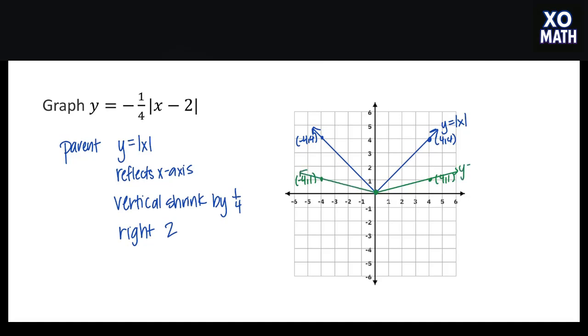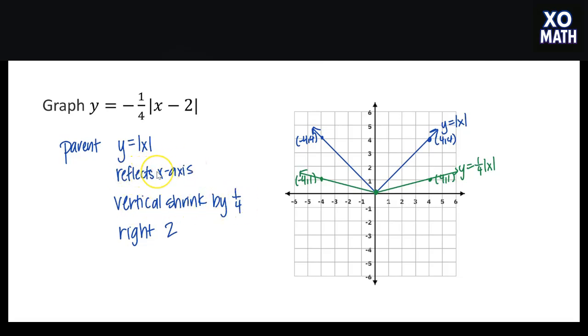So now here is my graph of 1/4 the absolute value of x. So this was a vertical shrinking, so kind of up and down it got flatter. It got closer to the x-axis. But if it's a stretch, if it's a number bigger than 1, it's going to get thinner and more narrow, closer to the y-axis. All right, so that's the new part, the vertical shrink by 1/4.